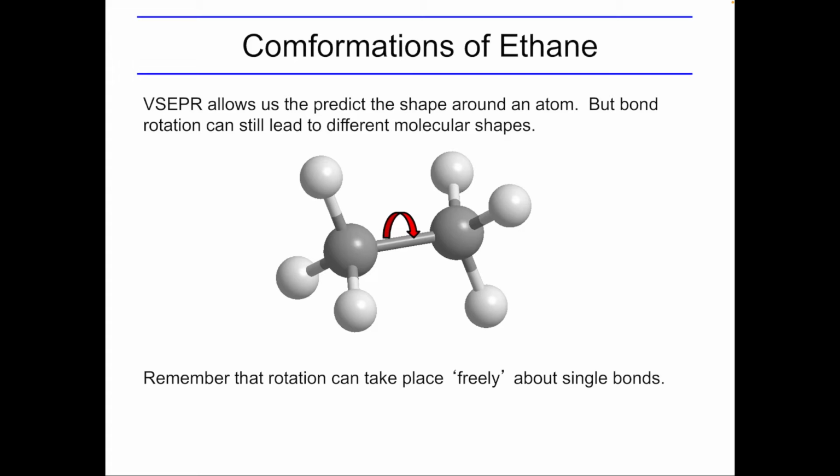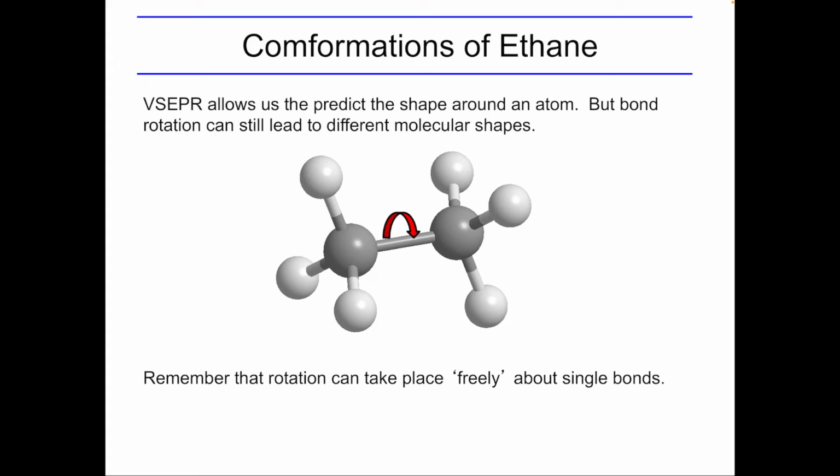In the last several classes, we've been spending quite a bit of time talking about different shapes of molecules, but focusing mostly on molecules that have a single central atom. So that would be looking at a molecule like maybe methane or CO2, and we would talk about the shape of the molecule, we would talk about bond angles and all those sorts of things.